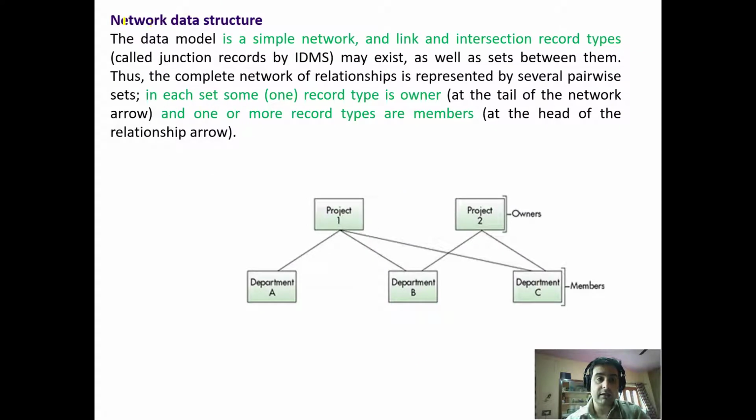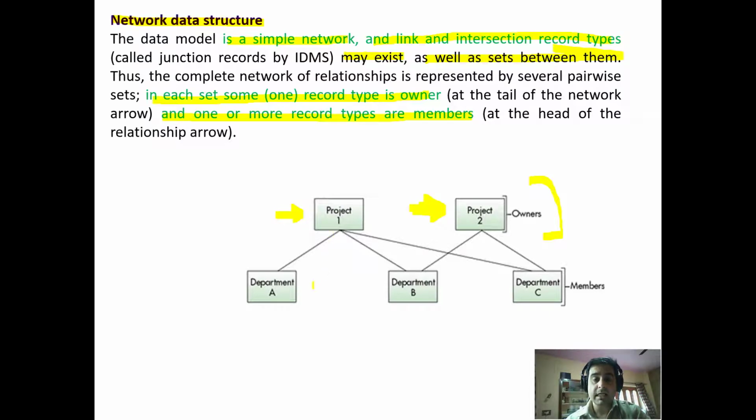Now another type of managing data in database management system is the network data structure. It's a simple network, and link and intersection record types may exist, as well as sets between them. So in each set, one record type is owner, like here you can see, and one or more record types are members. How can we understand network data structure? This is project 1, this is project 2, and these will act as the owners.